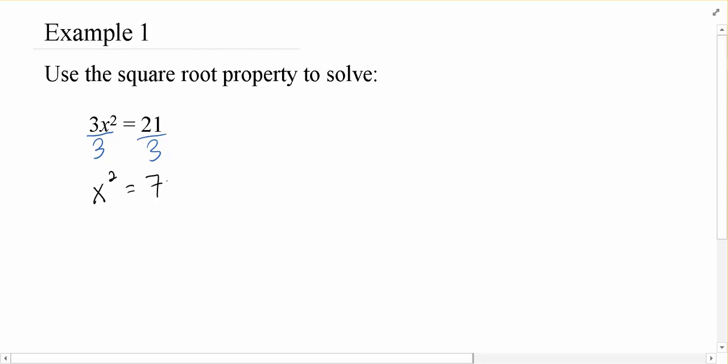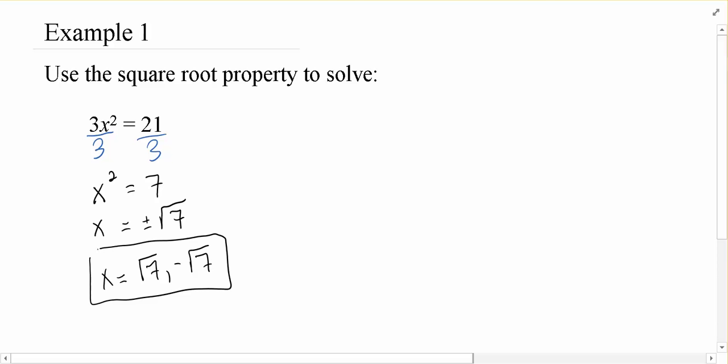At this point we can apply the square root property and take the positive and negative square root of both sides. In our homework system, we enter that as positive root 7 and negative root 7. But if you're writing this on paper, the plus minus notation is perfectly fine as long as it can't be simplified.